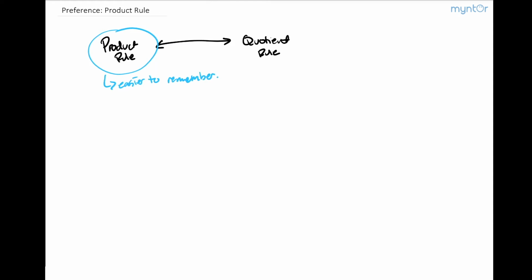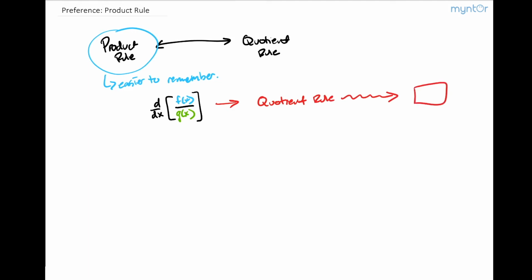To give you an idea of what that means, usually if I have to take the derivative of a function like we had before, f of x divided by g of x, normally you would think, oh, well, I'm going to use the quotient rule. And then I'm going to go through all these steps, and then I'll get some kind of answer.